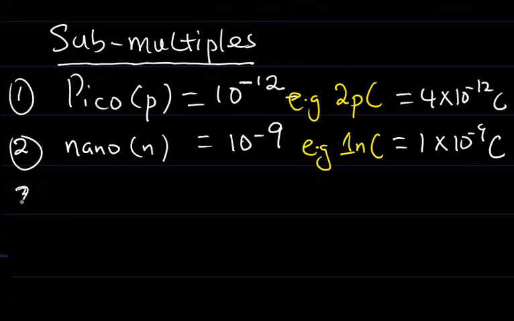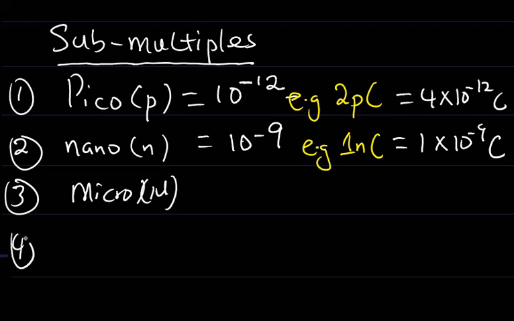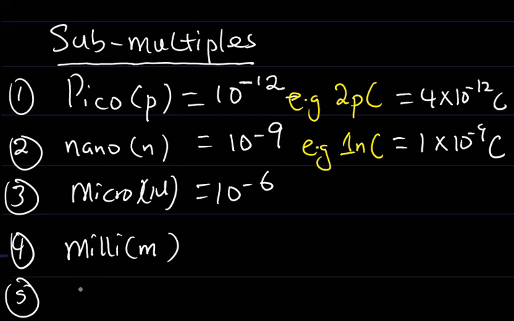Number 3, we have the micro. Let me list them out. The symbol of micro is mu. Micro is 10 raised to the power minus 6. From the micro, we now have the milli, small letter m. Then we have the centi, c.